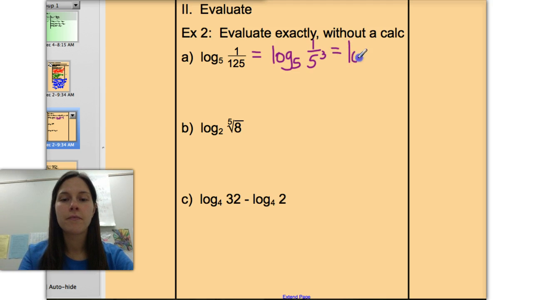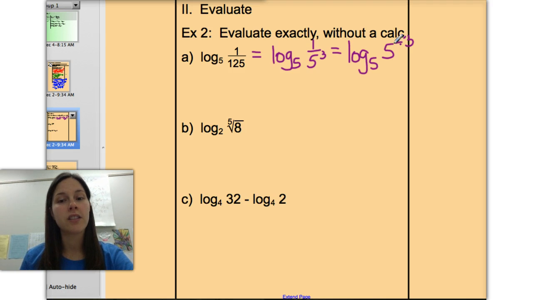So what we can do is move it from the denominator to the numerator, and when we go from the denominator to the numerator, or from the numerator to the denominator, the power becomes negative. Hopefully now all of you can see that's a negative 3. 5 to what power is 5 to the negative 3, and that would be negative 3.